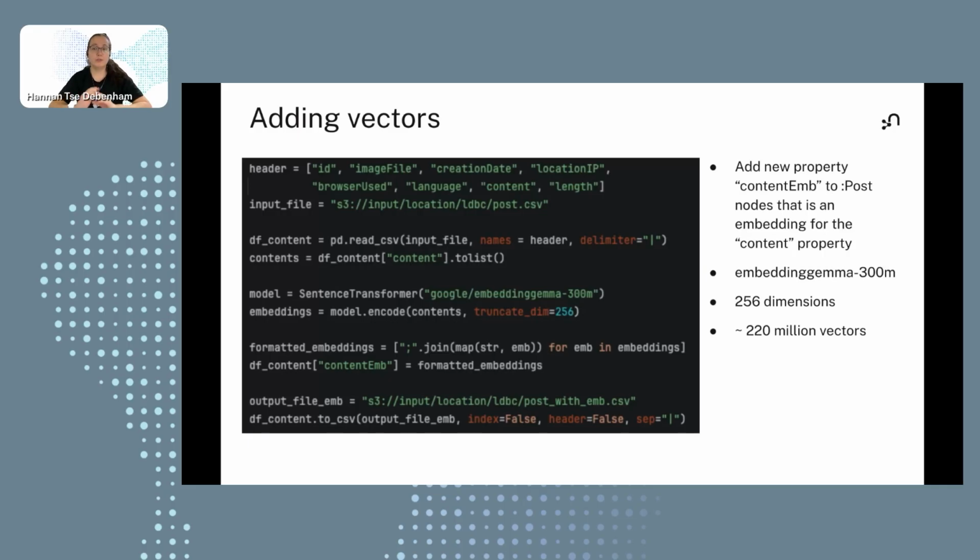I used the free Google EmbeddingGemma model for this, and 256 dimensions per vector, and this generated about 220 million vectors. You could set it higher if you wanted more comparison points.